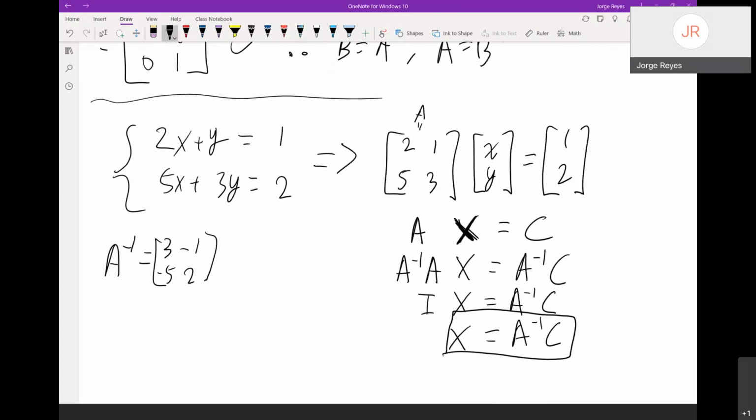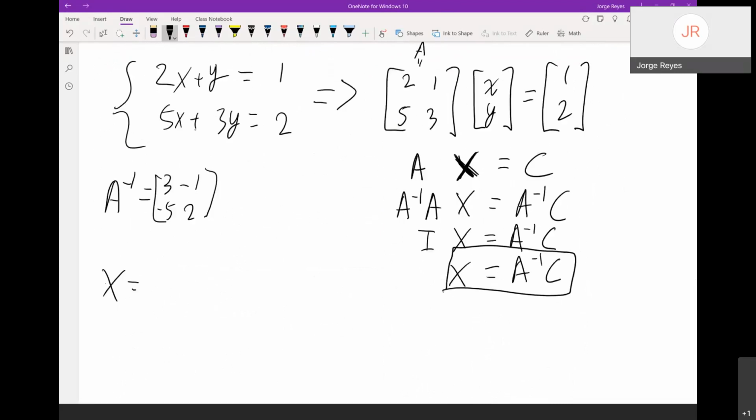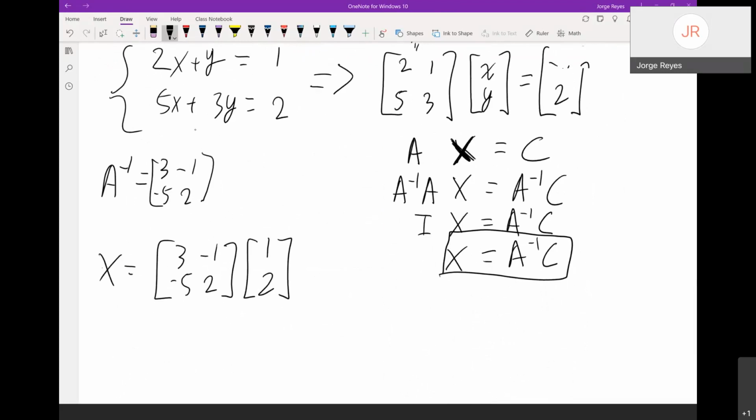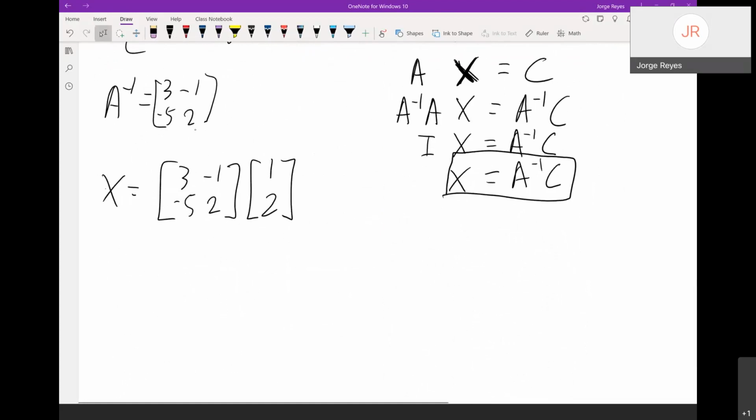So the answer is this thing, and you just need to multiply these two matrices and you're done. This is a 2 by 2 and this is a 2 by 1, so I know my answer will be a 2 by 1.